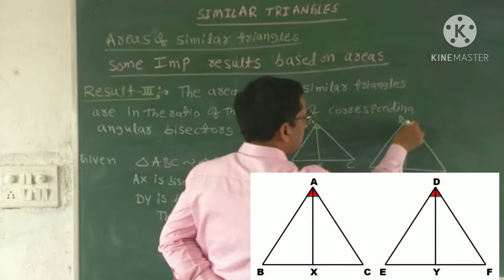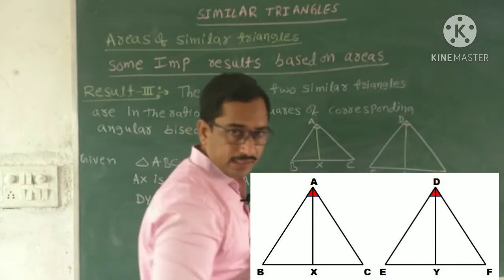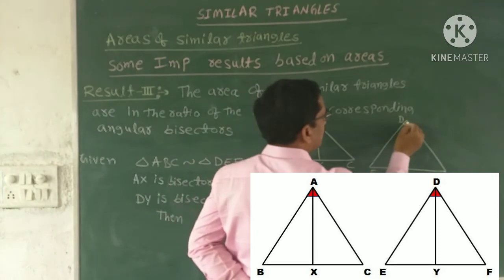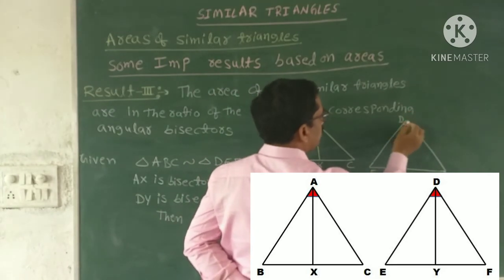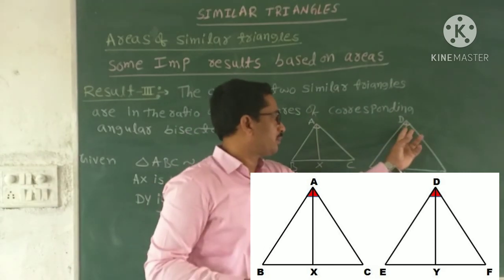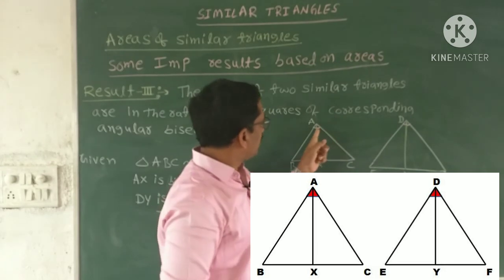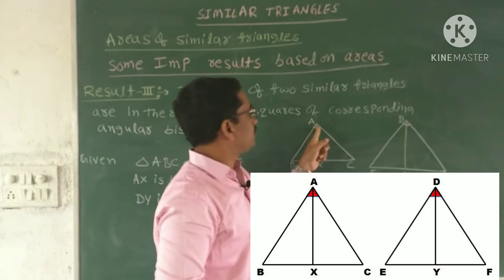In the same way, in triangle DEF, DY is a bisector of angle D. Here at angle D we divide it into exactly two parts and these two parts are the same. Suppose it is 60 degrees, then it is divided into 30 and 30. Here also, if it is 60 degrees, then it is divided into 30 and 30.